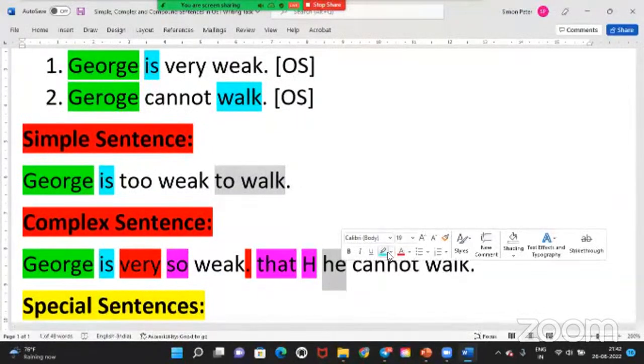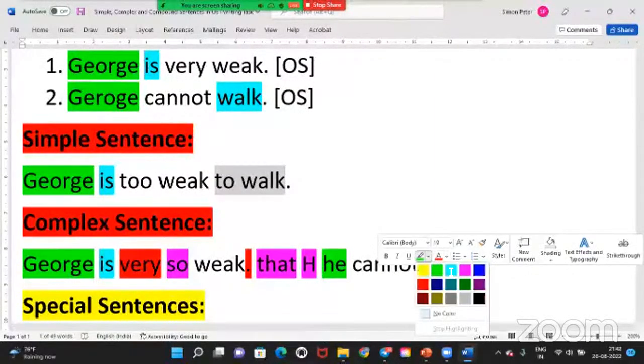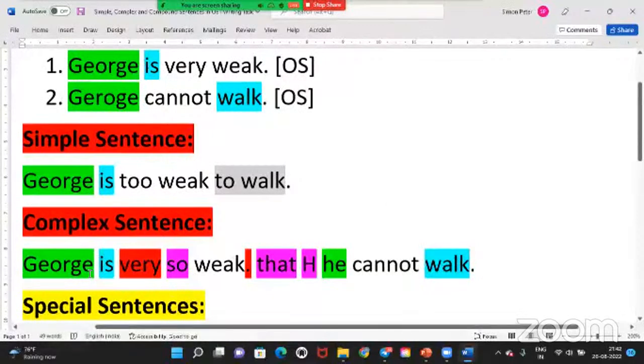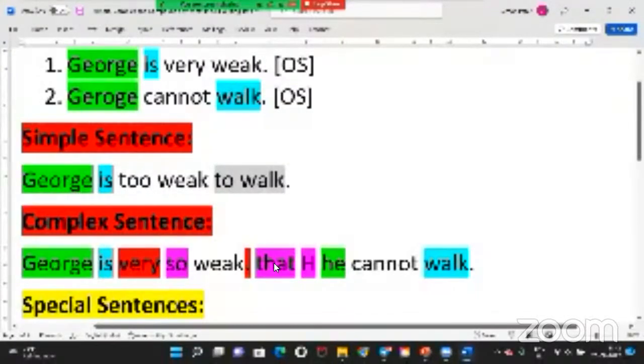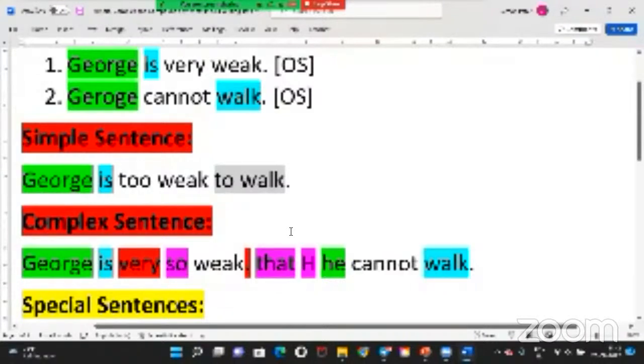Walk, another verb. So you can see here, two subjects and two verbs are there. And that is used as a subordinating conjunction. So this is a complex sentence because you are using a subordinating conjunction.